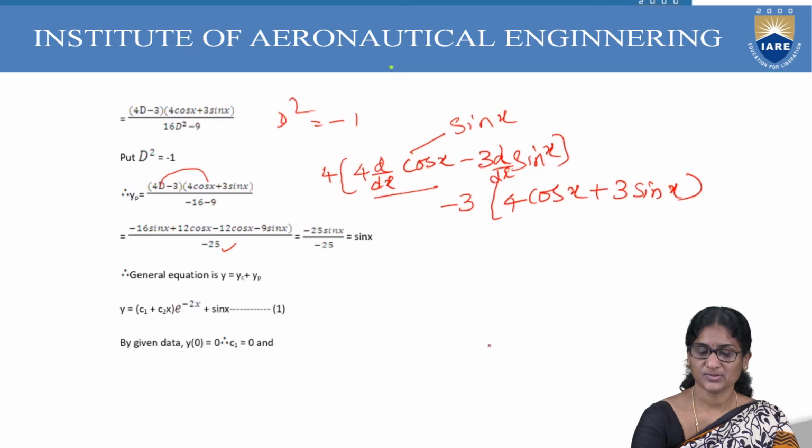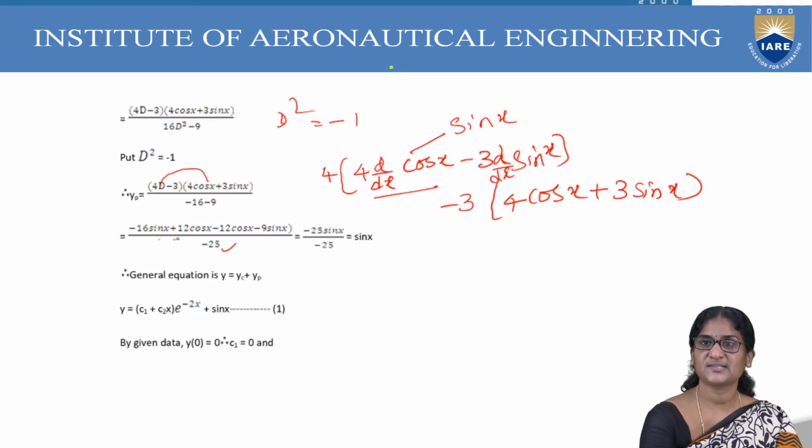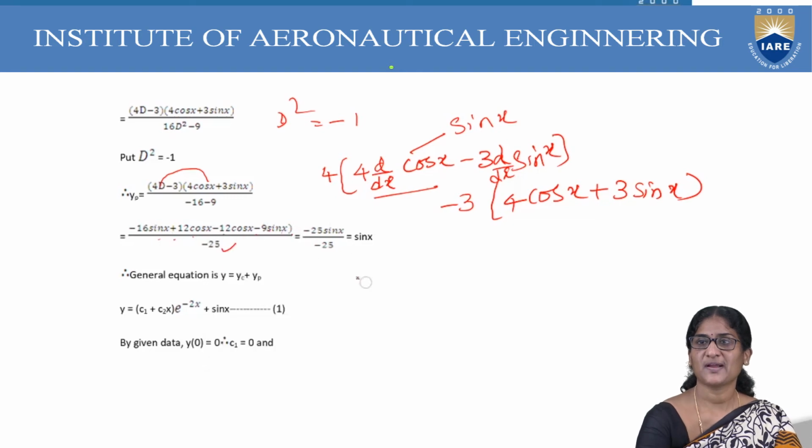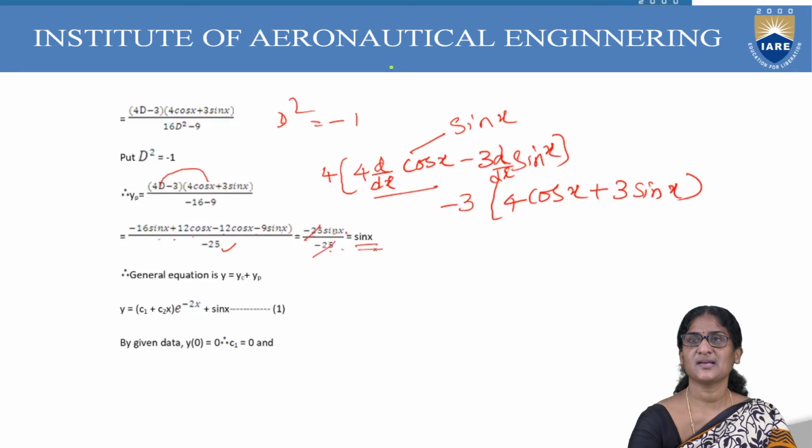So this is nothing but minus 16 sin x plus 12 cos x minus 12 cos x minus sin x. Expand this completely. Then you are going to get minus 25 sin x by minus 25. These two get cancelled, leaving sin x as the answer.